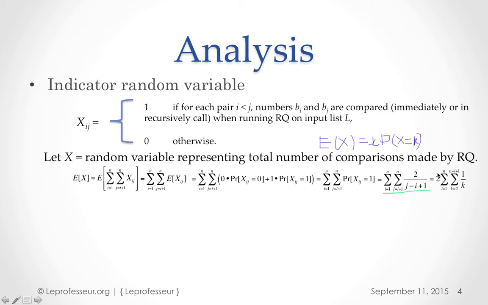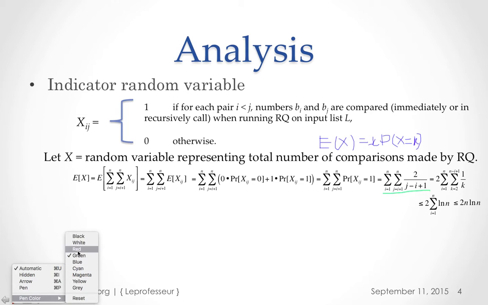How can we do that? We can substitute a variable k instead of j, to make it simpler, and then it would always be less than or equal to 2 times log n. We got rid of 1 over k, and this whole term, summation k equal to 2 to n minus i plus 1, will always be less than or equal to this, and then this will be equal to 2n log n.